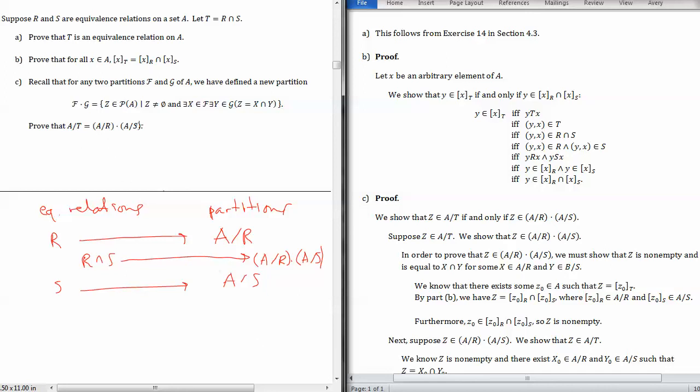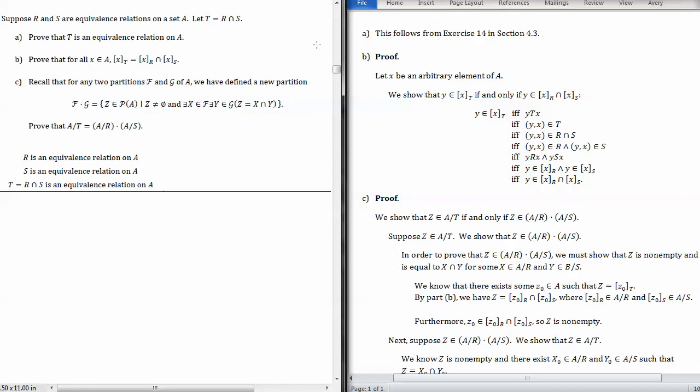Another way is just to write this out, replacing T by R intersect S. This says that A modulo R intersect S is equal to A modulo R dotted with A modulo S. Okay, so there's a nice symmetry to that now. You see how the intersection corresponds to the dot product here. All right, well let's get to work on part C.